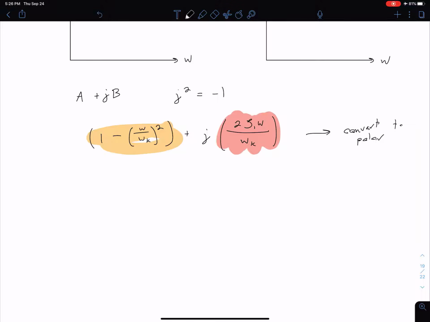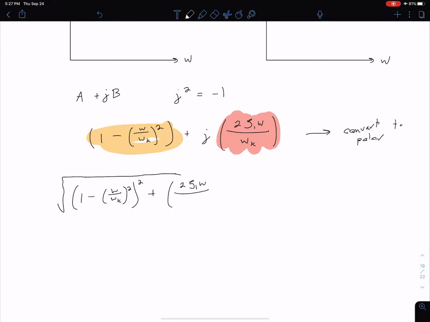Our magnitude is just the square root of a squared plus b squared, but now we have a whole big mess here. So we have the square root of 1 minus the quantity omega divided by omega k, all of that squared, plus our b squared, which is 2 zeta 1 omega over omega k, squared. That is our magnitude, and we're not going to take that down any further.